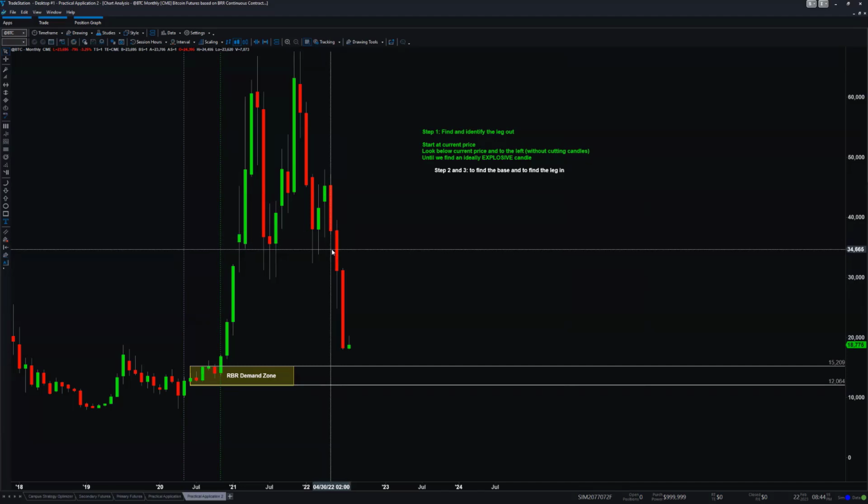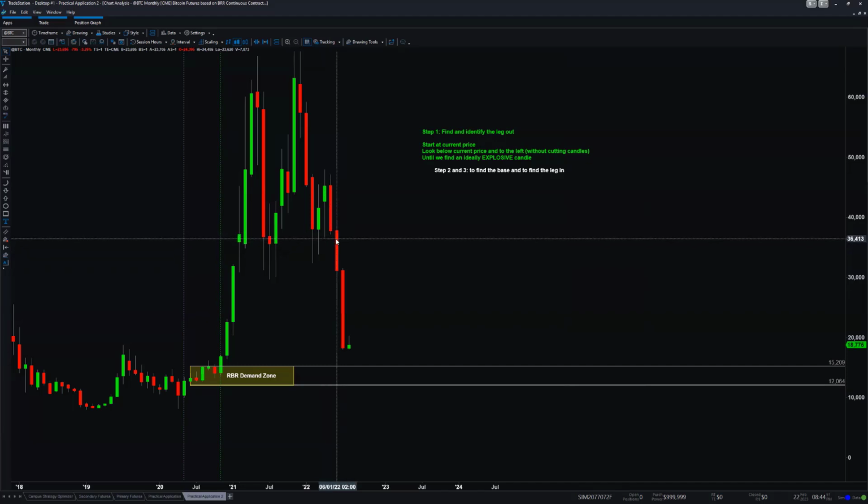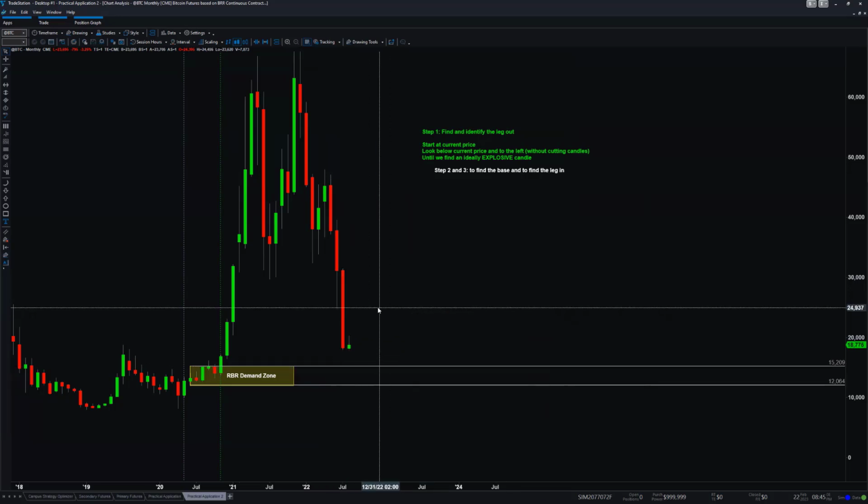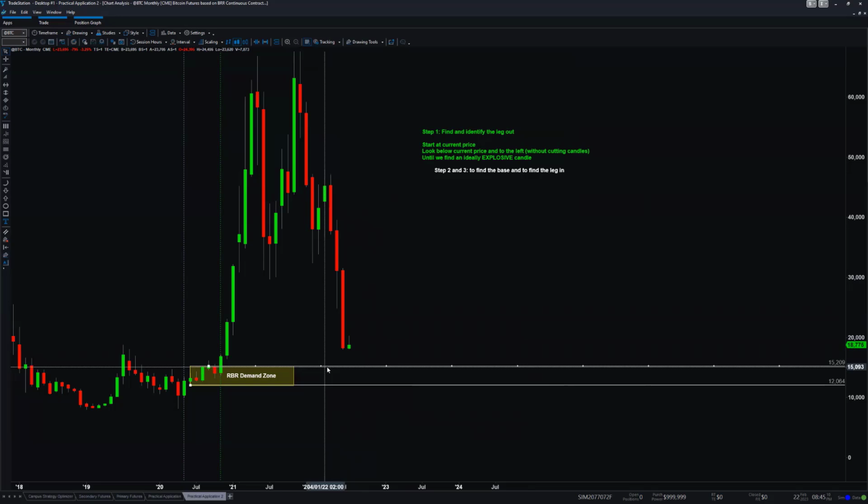That is how price usually moves. That is how price flow usually goes. So price is not yet in demand. We're not yet buyers. We have not yet bought. So we're still waiting.